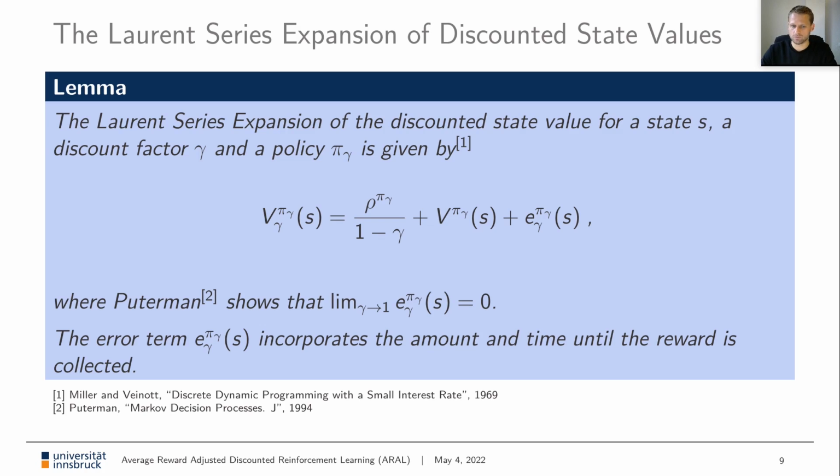It is known that this final value, the error term, only exists because the discount factor is strictly less than 1. The idea of the error term is that it incorporates the amount of time until the reward, and especially until the bias value, is collected.